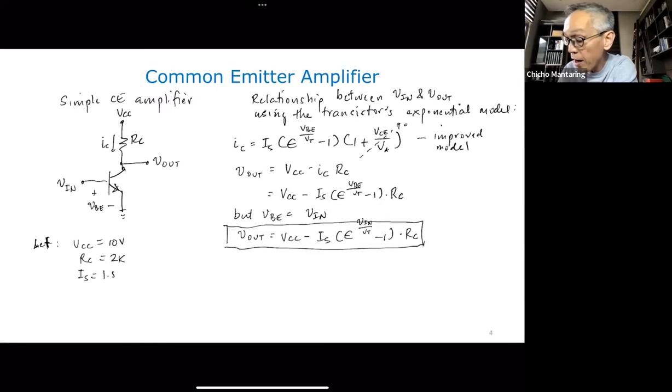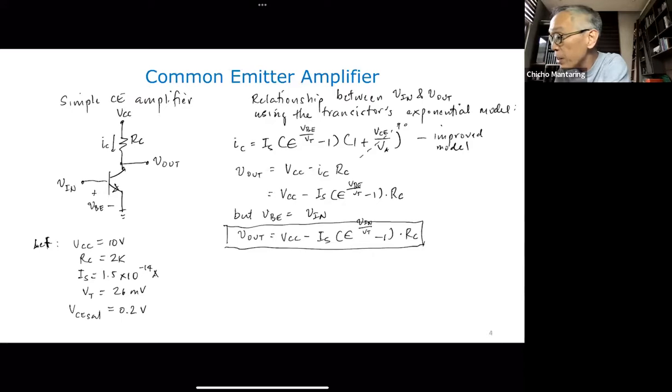IS equal to 1.5 times 10 to the minus 14 amperes. V sub T equal to 26 millivolts. And let's say this is silicon, VCE(sat) is equal to 0.2 volts. Okay, I'm going to ask you to exercise your calculator. You already have the equation here. So this is just an exercise of your fingers on your calculator.